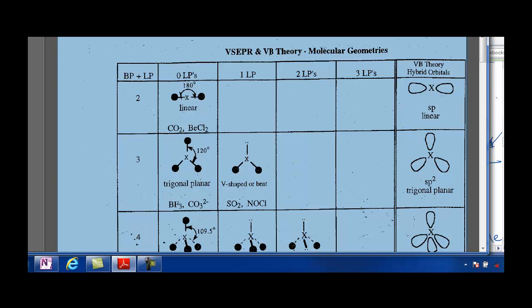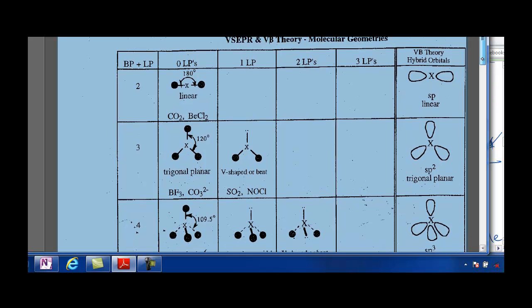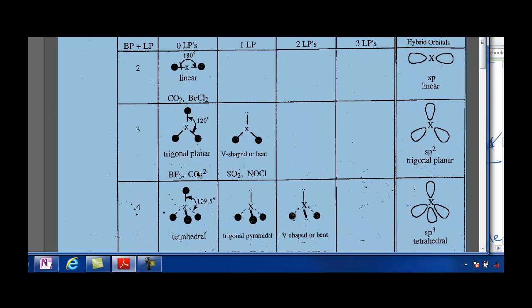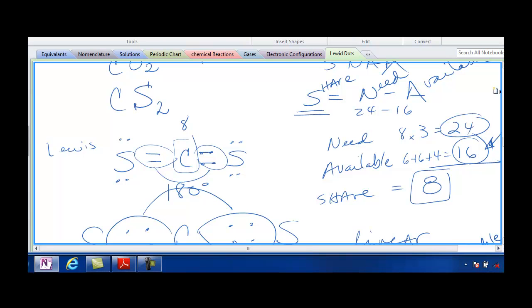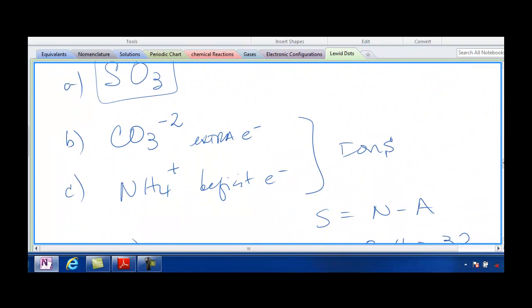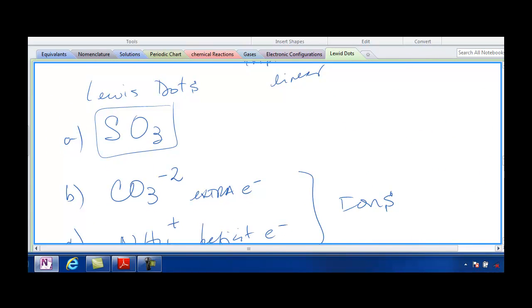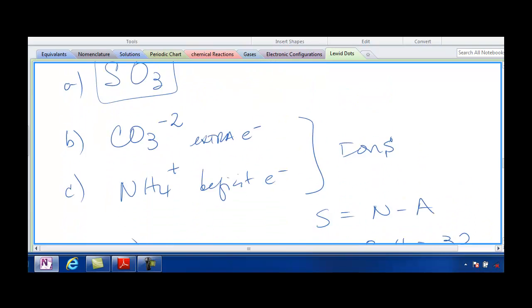And we had done, I believe, carbonate and SO2. We did both of these. Is that true? Let's see if my memory serves me correctly. Oh, we did SO3. Okay, so we did SO3. Let's go ahead and do SO2.